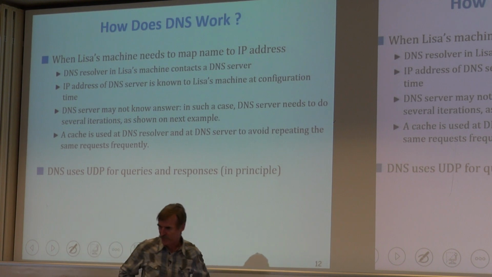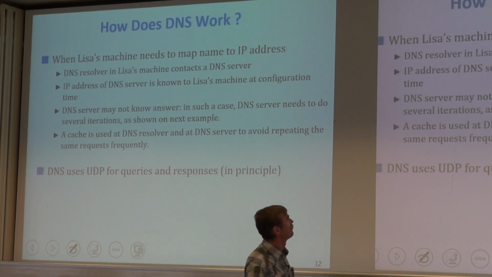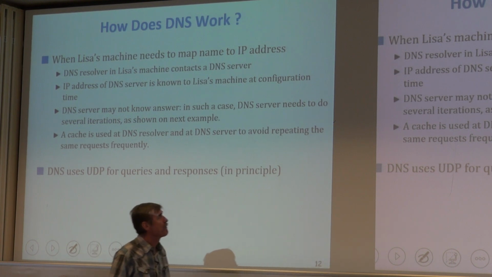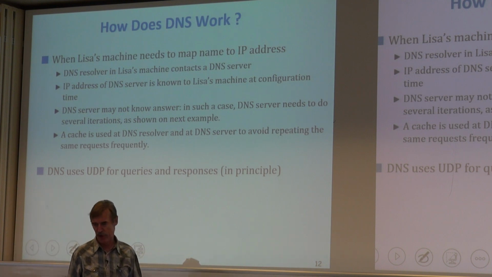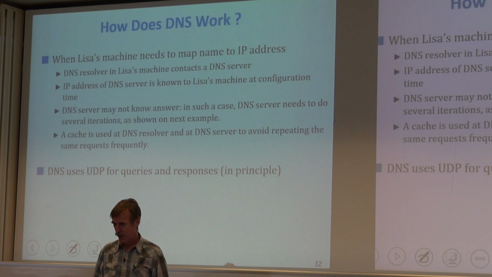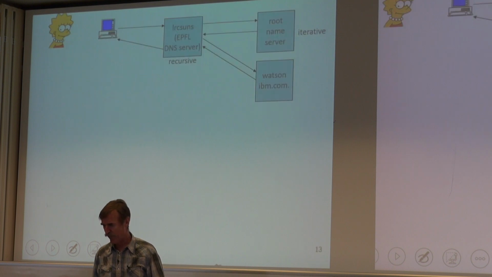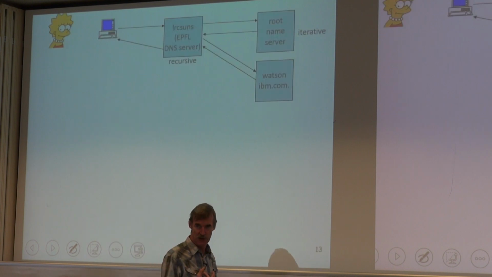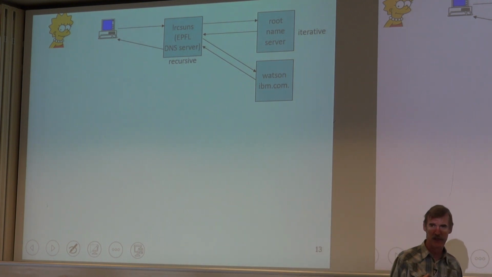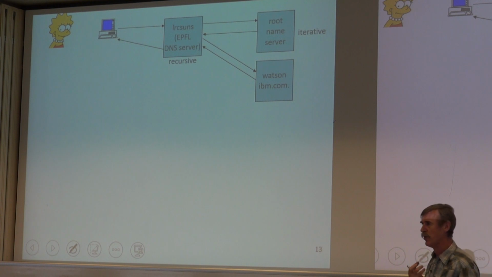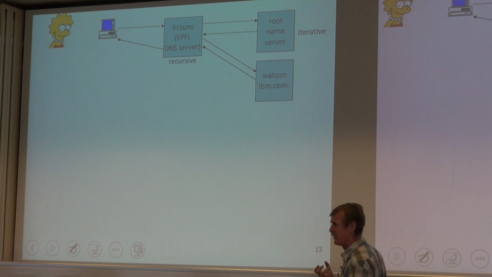Now, how does it work? When we type in something that contains a name rather than an IP address, as we have seen, we have a client, a DNS client in the machine, in any machine, in your iPhone or smartphone, in your PC, any machine. The first thing it will do is use a piece of code called a DNS client.